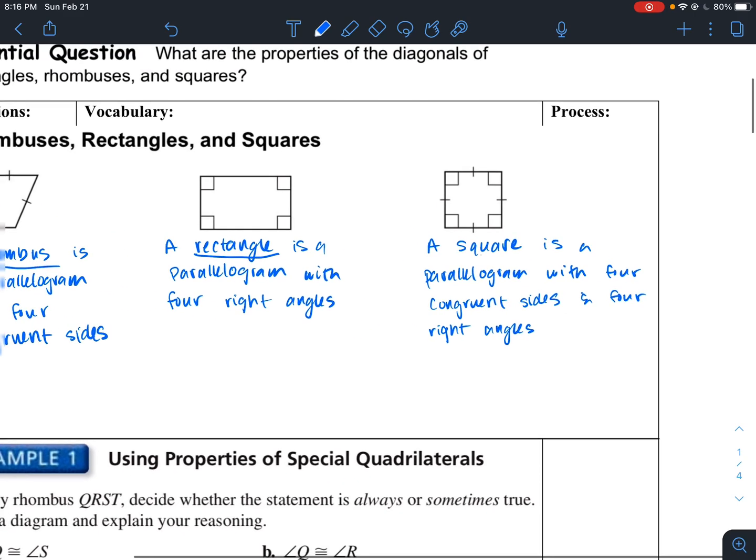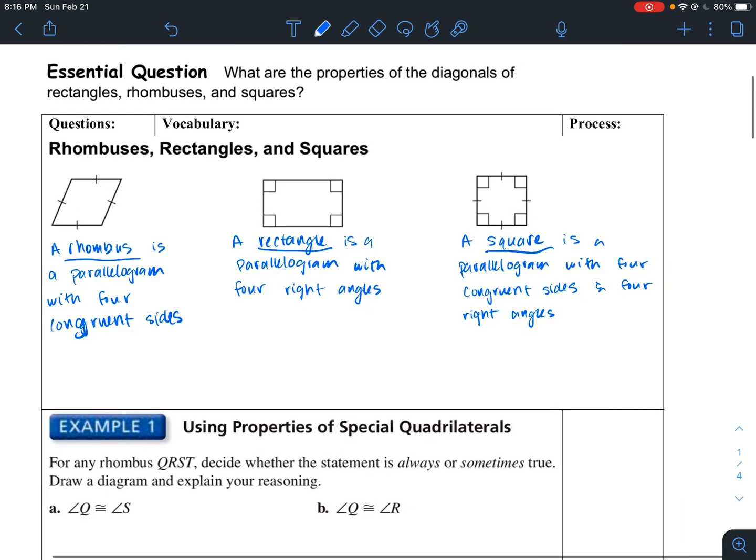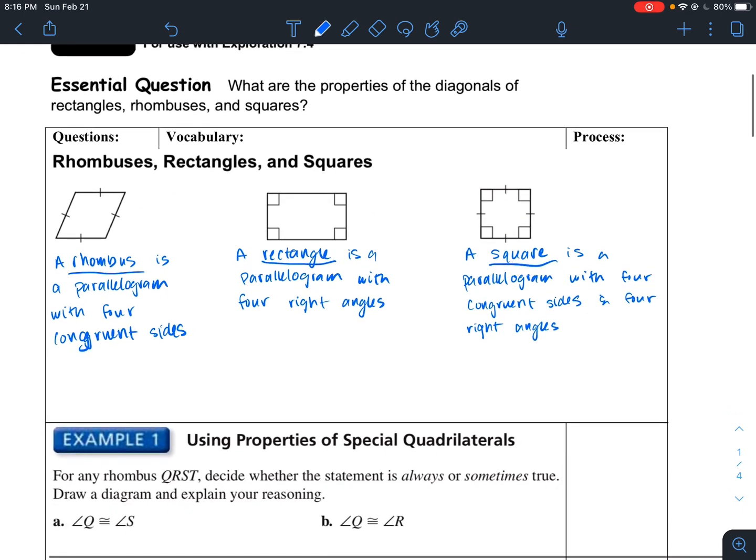So a square is both a rectangle and a rhombus at the same time, and a parallelogram. So it has to have four congruent sides, and all four angles have to be right angles. And this is how we have these three special parallelograms.